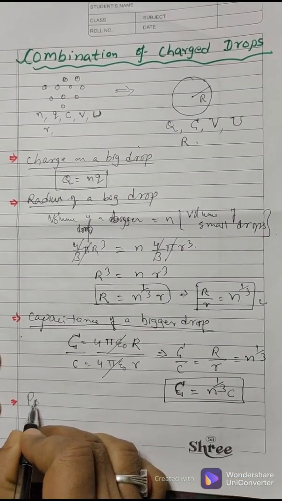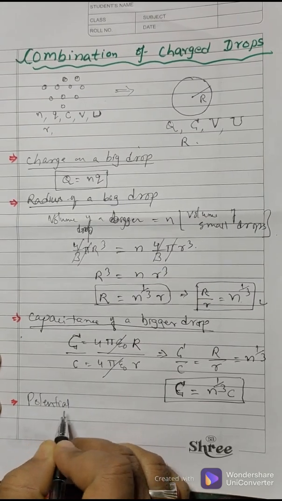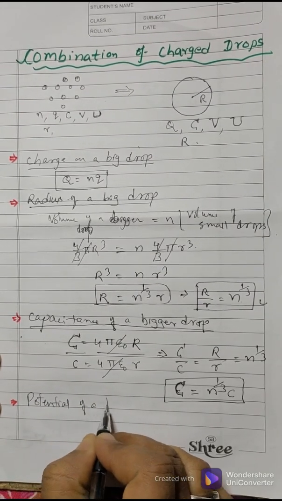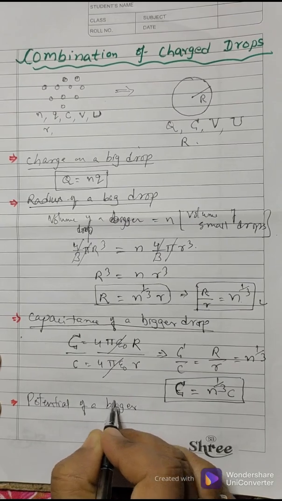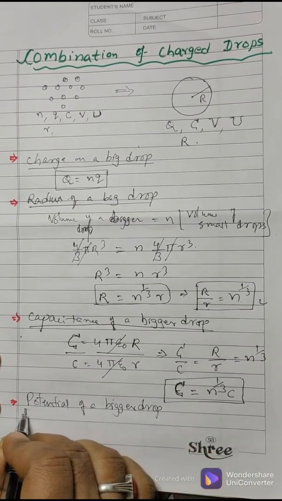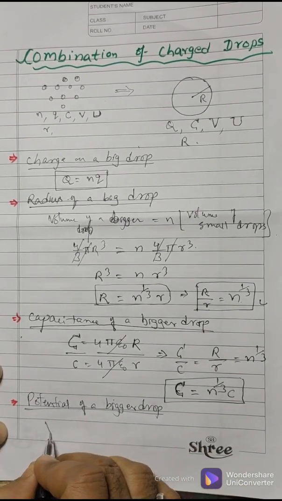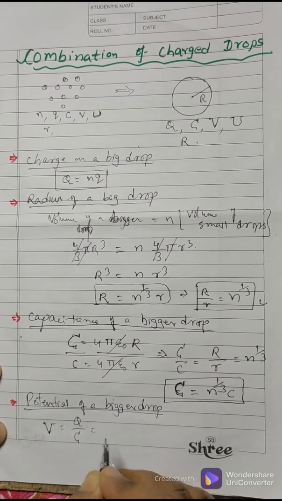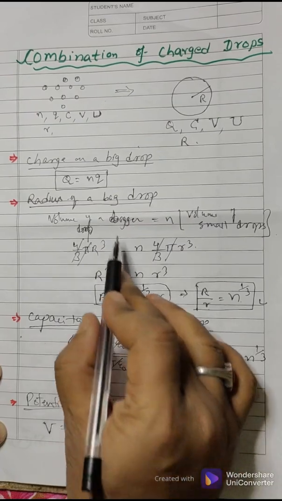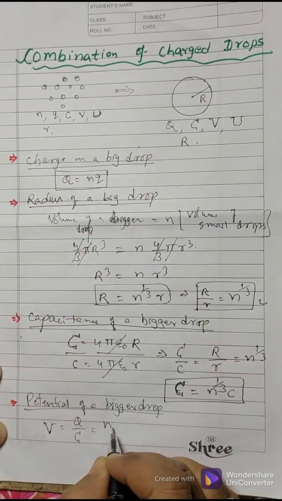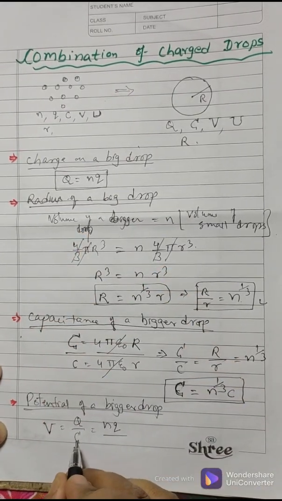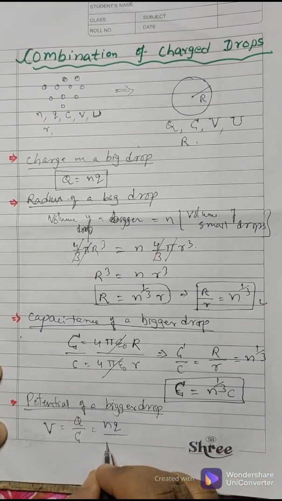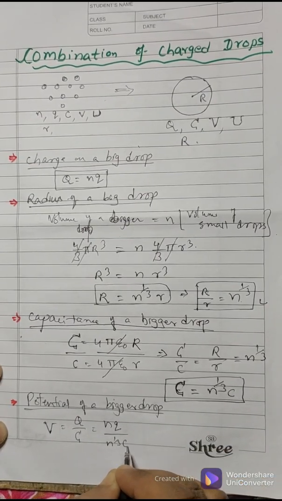Now, potential of a bigger drop. As we know that potential, capital V is equals to capital Q by capital C. Capital Q means n into small q, divided by capital C, which is n power 1 by 3 into small c.